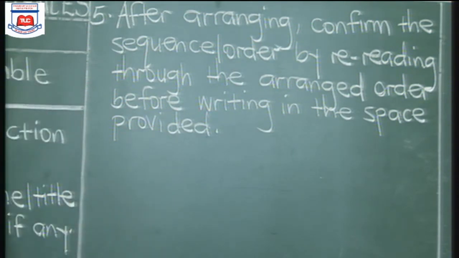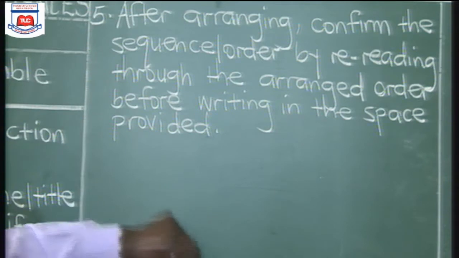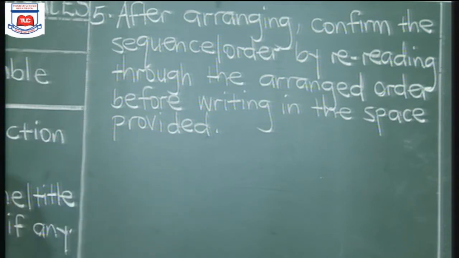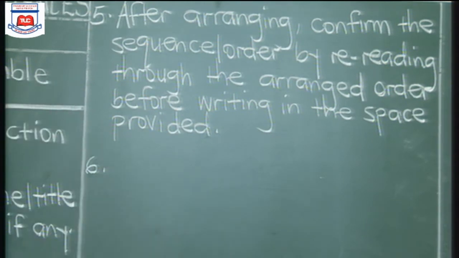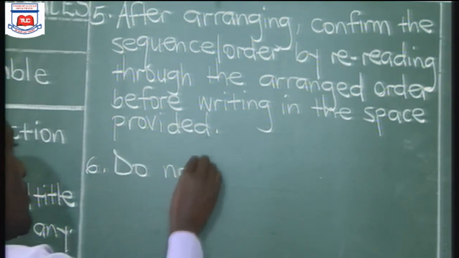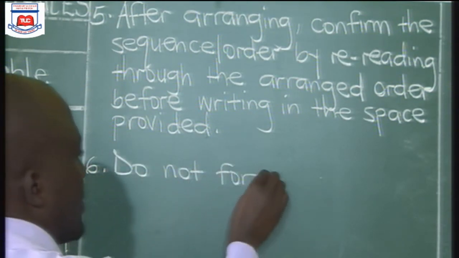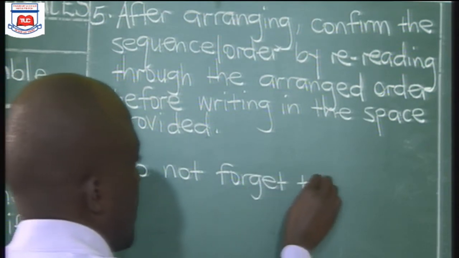Then after you are done with arranging, make sure you confirm the sequence or order by rereading through the arranged order before writing in the space provided. Then after that, what do you do? After that, do not forget to number.